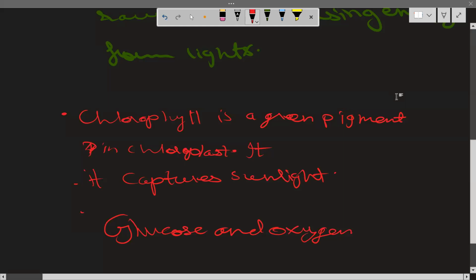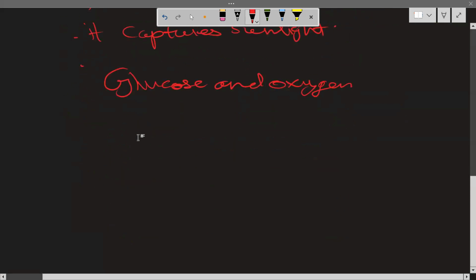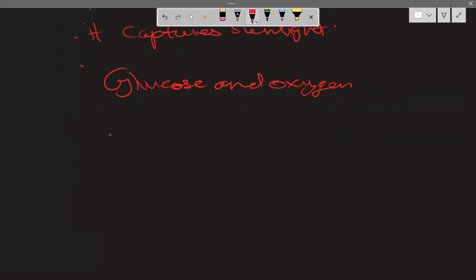So the glucose produced during the process of photosynthesis is used in respiration to provide energy. Okay.